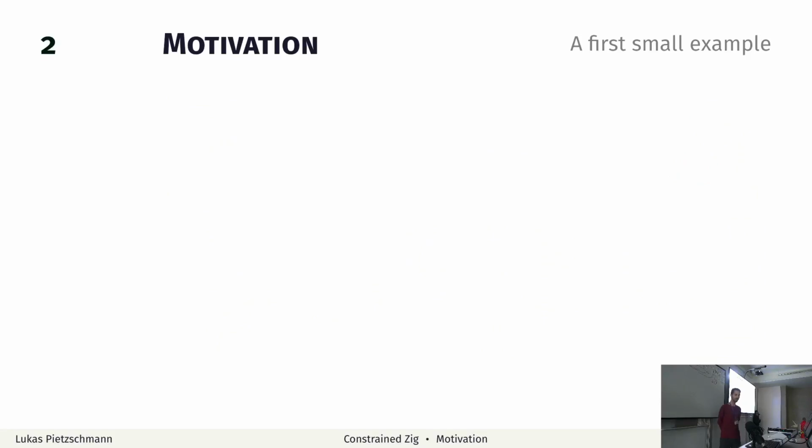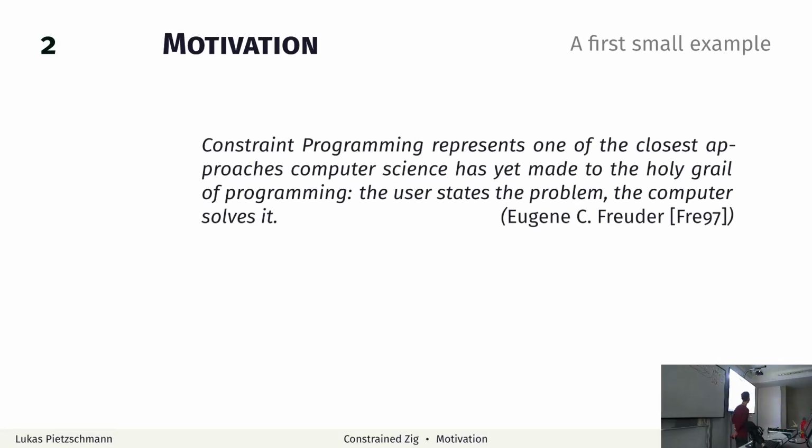Great. So what is constraint programming? What is CHR? Many terms. I have not yet explained anything. So let's start with a quote. Typically, when you program, for example in Zig or in other imperative languages, you kind of give the computer a manual.